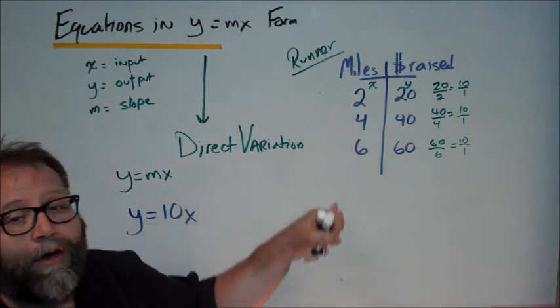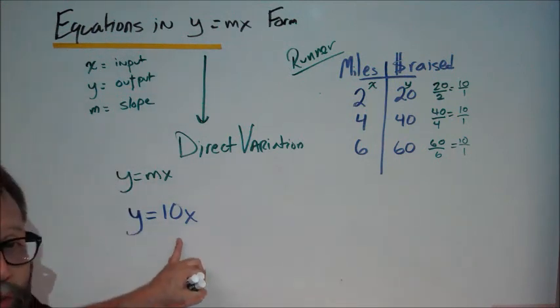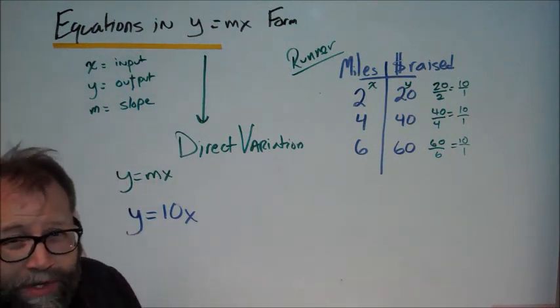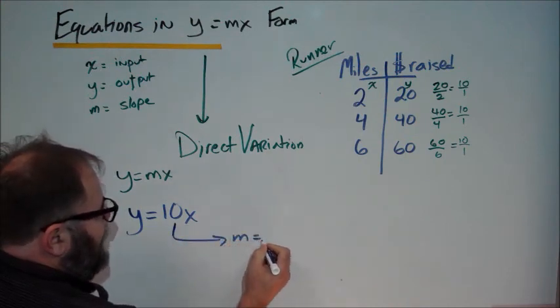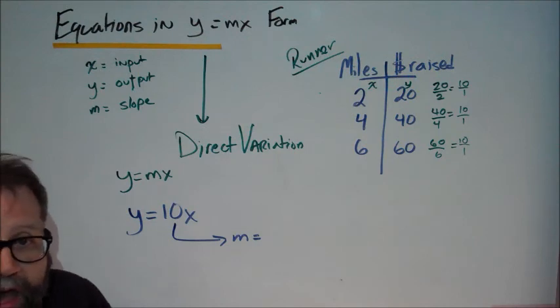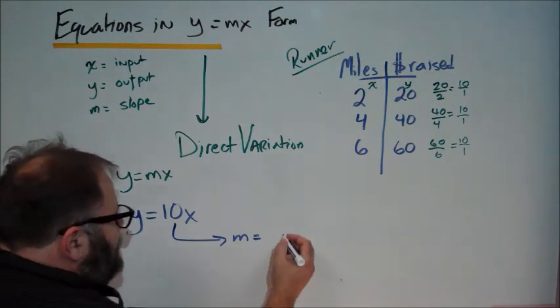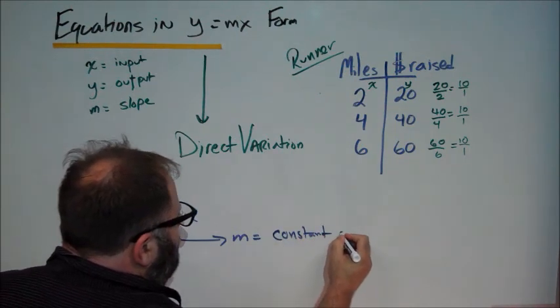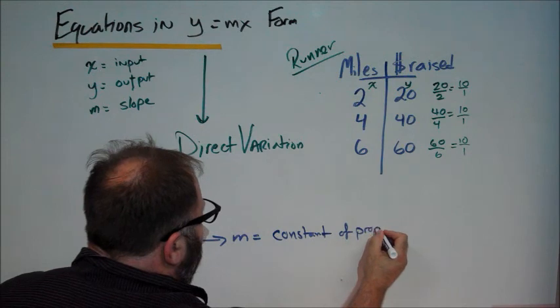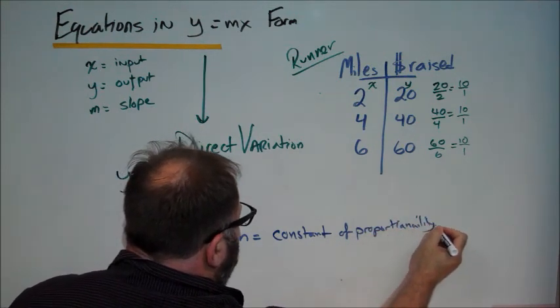We can figure out 1,000 miles or 800 miles or 32 miles with this equation. Now the twist of this is that this is the slope, right? That's m. But m, in a direct variation equation, is also the constant of proportionality.